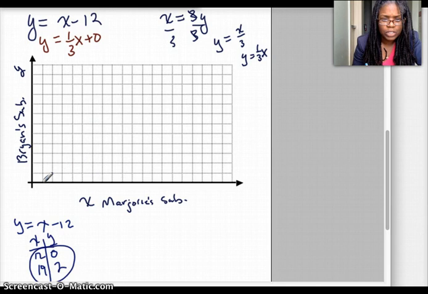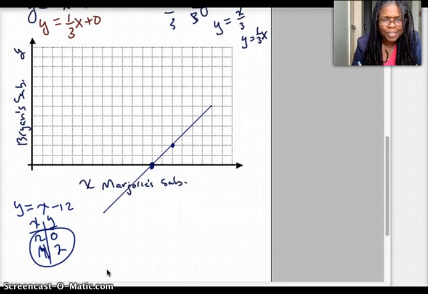So I'm going to go out to 12: 1, 2, 3, 4, 5, 6, 7, 8, 9, 10, 11, and 12. At 12, y is equal to 0. And then the other point, at 14, y is equal to 2. So these are 2 points for my blue equation. Let's graph it. Okay, got that. The next thing I need to do is graph this red equation, Y is equal to 1/3 x plus 0.